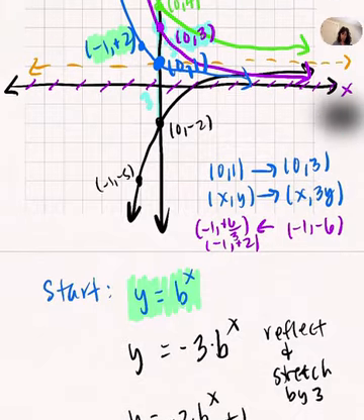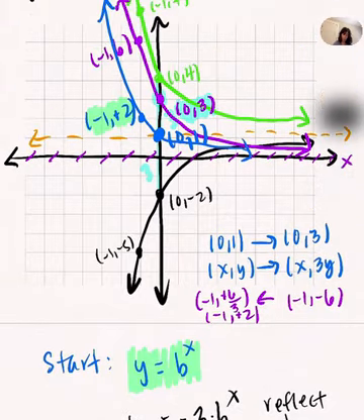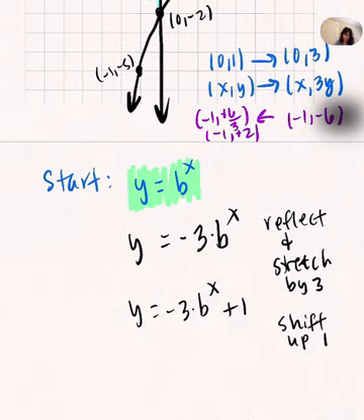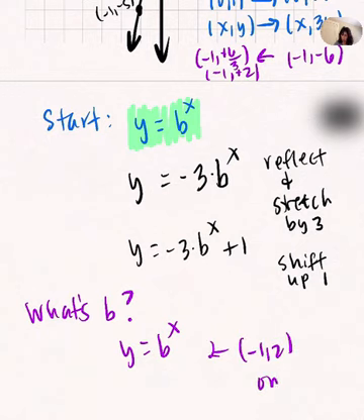So what I'll do is I'll take the point -1, 2 on the blue graph, which is the one we started out with, and I'll plug it in to y equals b to the x. So what's b? I take y equals b to the x, and then I know the point -1, 2 is on the blue graph.